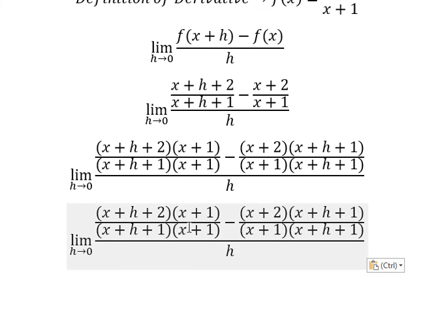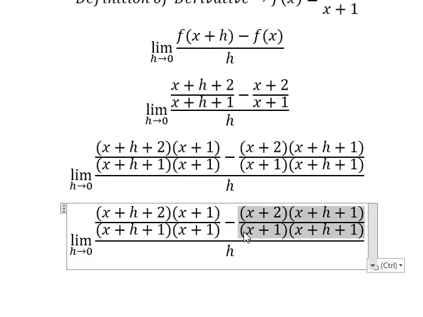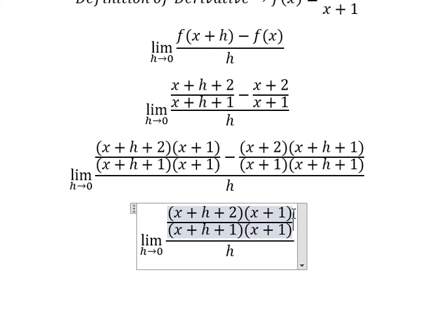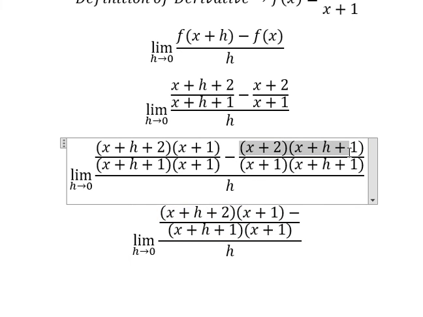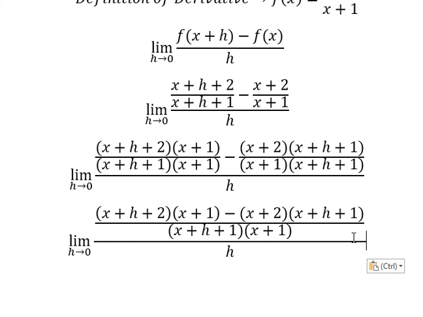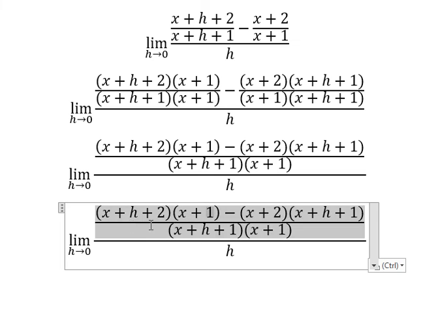Next, we combine two fractions together. Next, we need to expand.